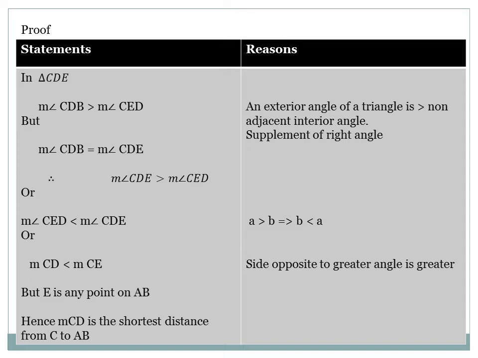That's why we can write side CD is less than side CE. But E is any point on the line AB. So side CD is the shortest distance from C to AB, or we can say that the perpendicular is the shortest distance from point C to the given line AB.